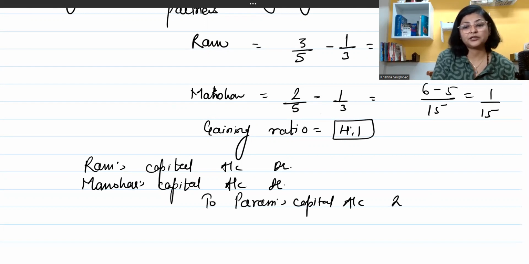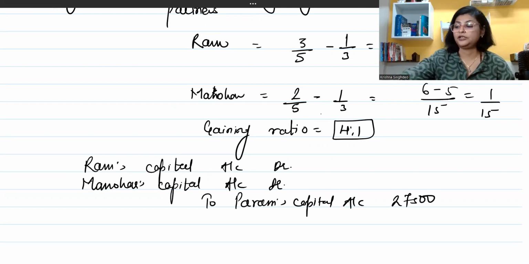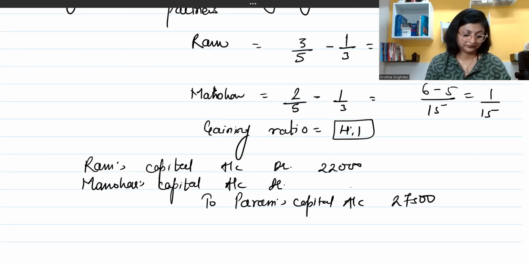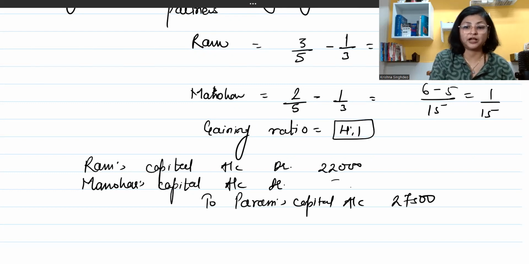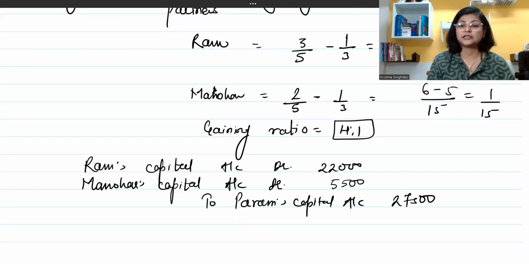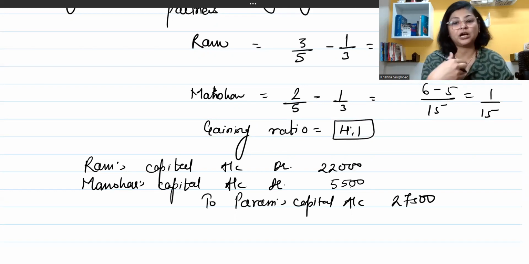But Param is going to get 27,500 and Ram and Manohar will have to pay 22,000 and 5,500. This is the share of profit which both of them will have to give. Means this is the amount which they have to give to the outgoing partner for his share of profit.